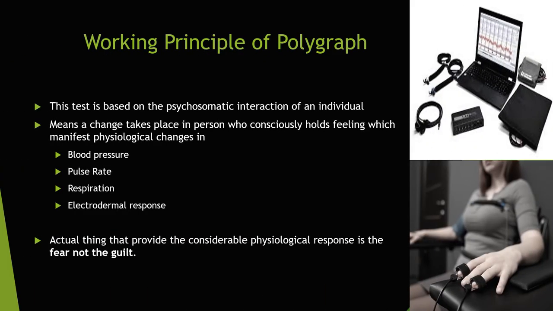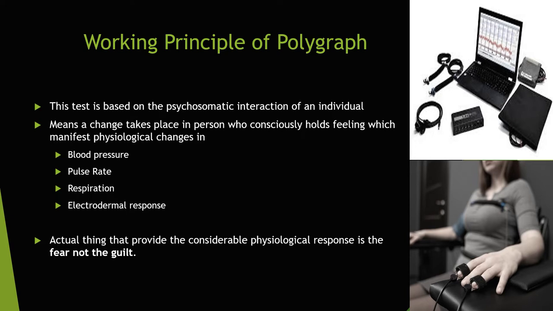Now, the working principle of the polygraph. A polygraph test uses the psychomotor interaction of an individual. In normal polygraph testing, we monitor the blood pressure, pulse rate, respiration, and electrodermal response.